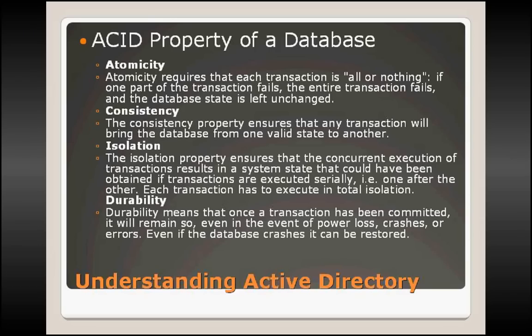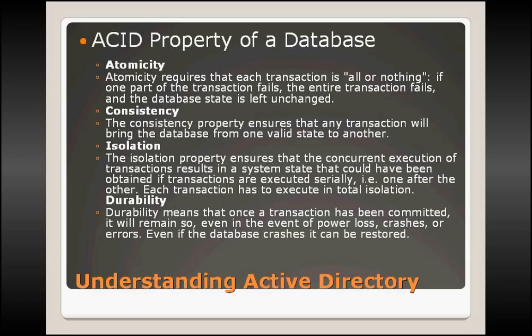It is actually this way. If one part of the transaction fails, the entire transaction fails, which means even the 18 changes that you did will not come into effect. At the end of the day, the database state is left unchanged. That's why it is called atomicity.